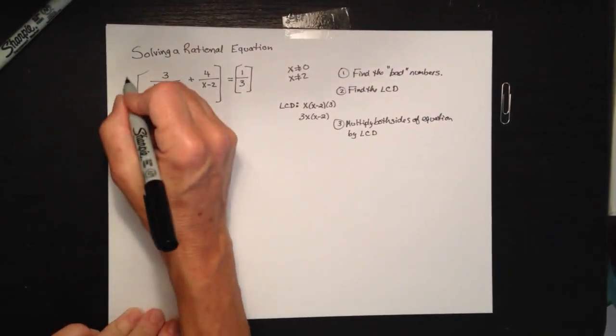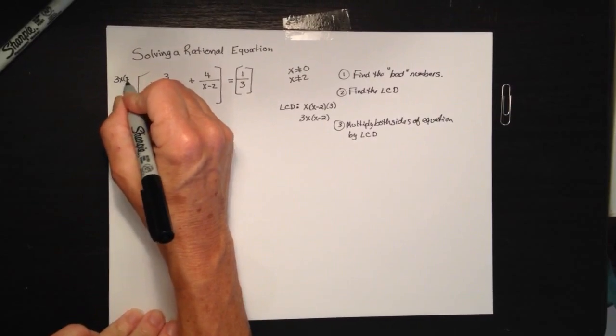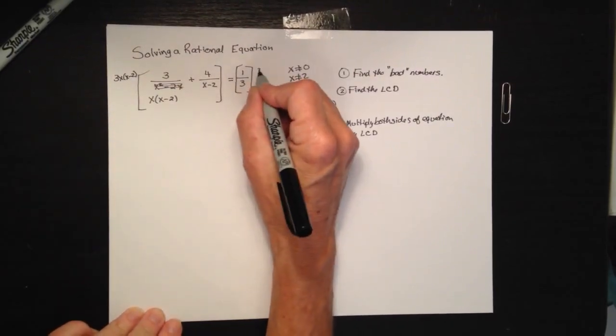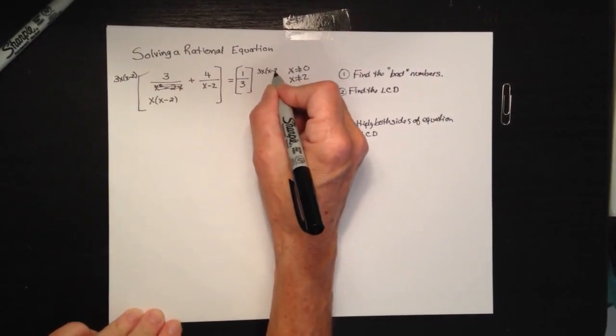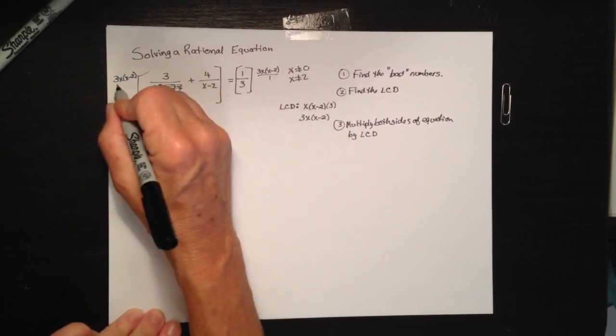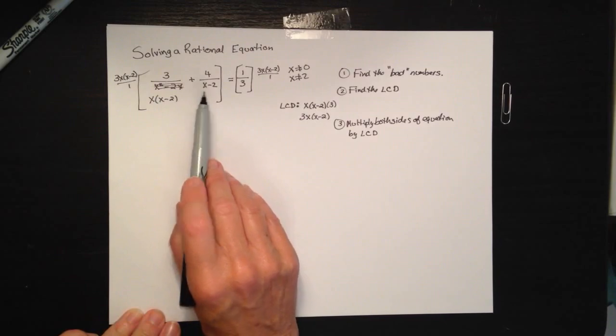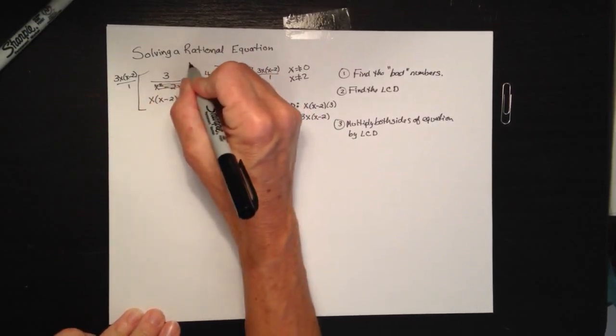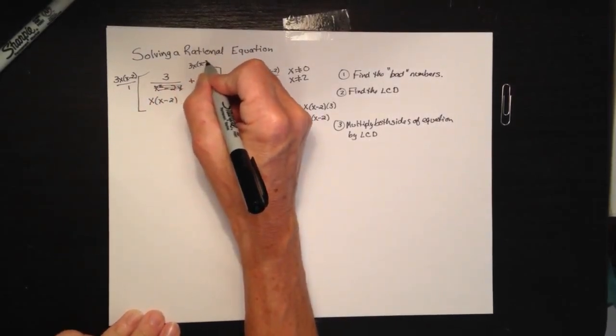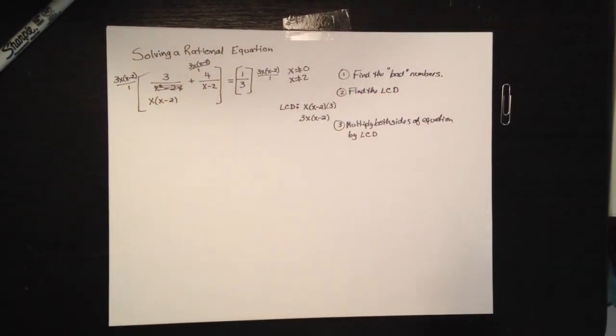So let's do that. 3x times x minus 2, 3x times x minus 2. It's going to distribute to each term, so I'm going to write it out again so I can watch the canceling. When 3x times x minus 2 gets distributed to the second term, it looks like that.